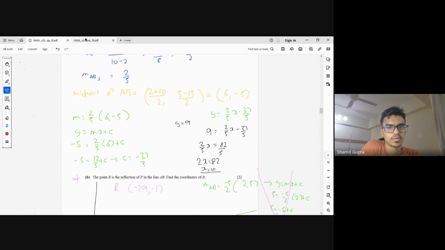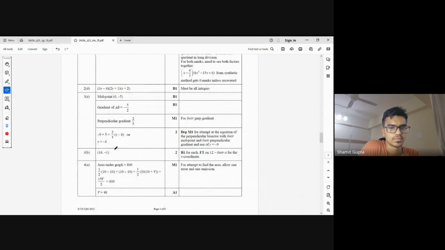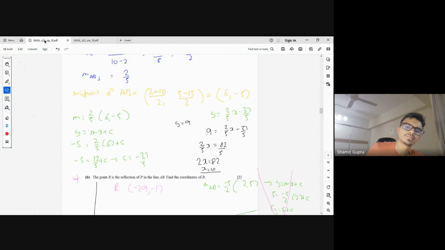The mark scheme is gotten. No, our equation is correct.